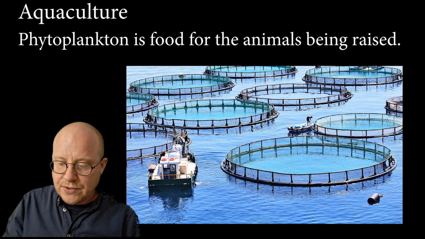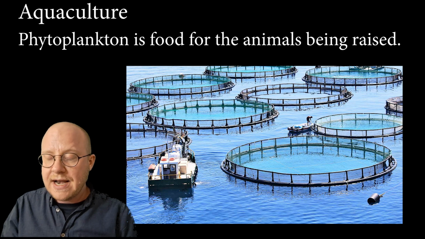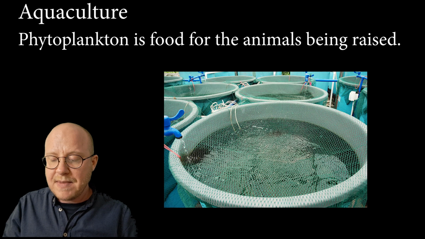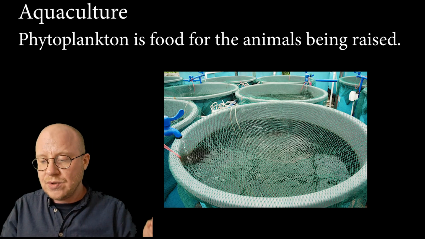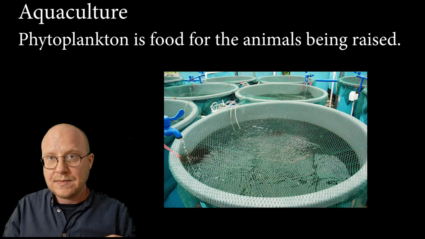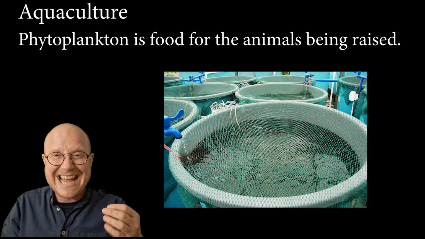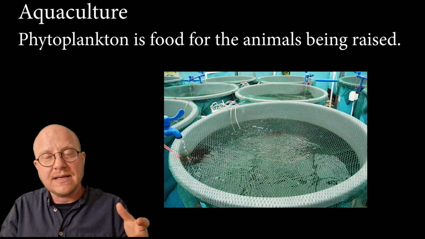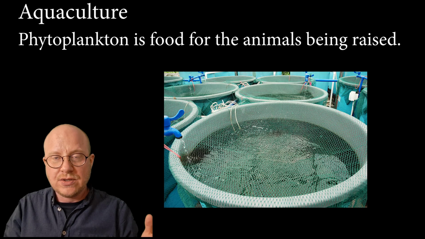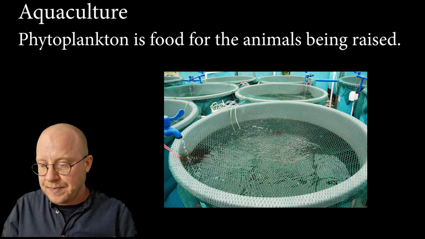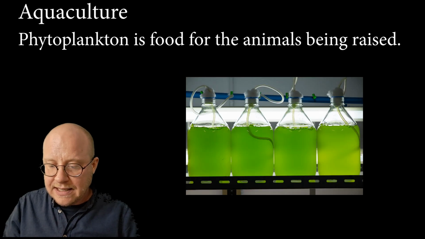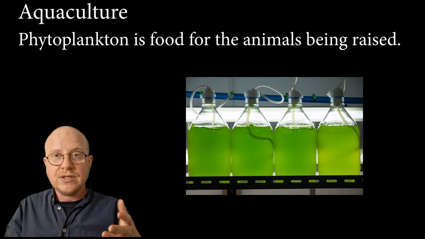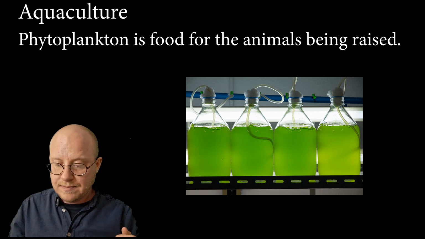In mariculture, phytoplankton are naturally occurring, whereas in aquaculture, phytoplankton must be obtained and introduced directly. Okay, so when you've got aquaculture like in tanks, inside somewhere, or even outdoor tanks, the phytoplankton isn't just naturally there, you've got to put it in. The phytoplankton can either be collected from a body of water or cultured. That means grown.